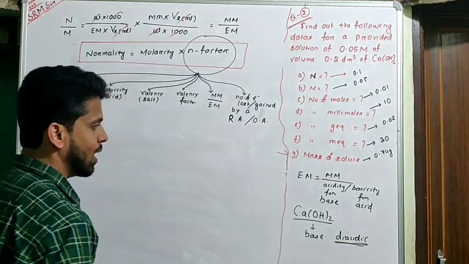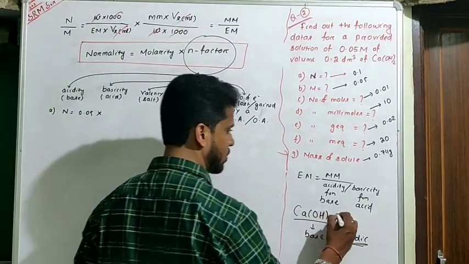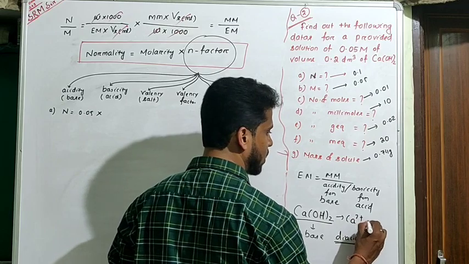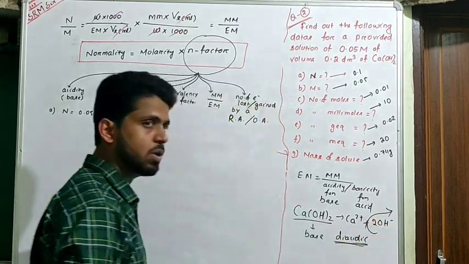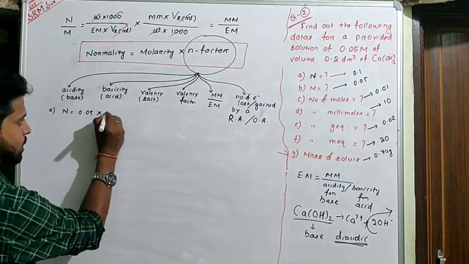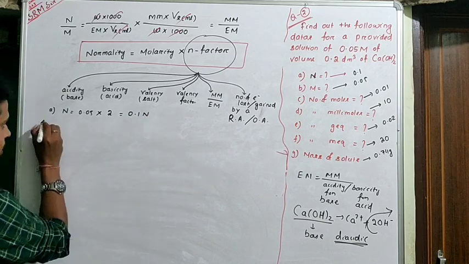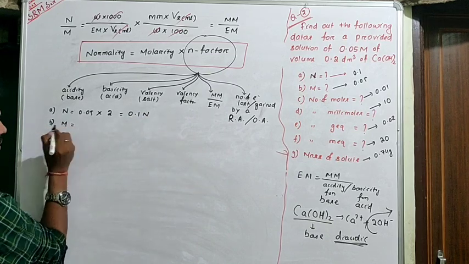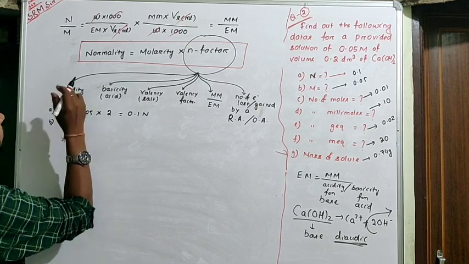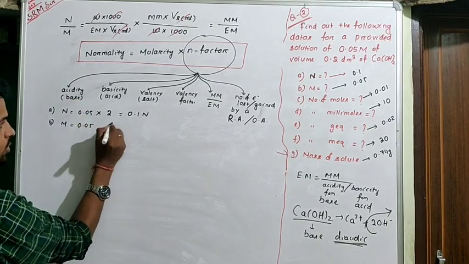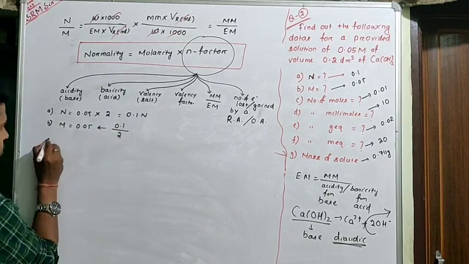How many replaceable OH minus hydroxyl ions? 2, as it is Ca2 plus and 2 OH minus. So the n factor is 2. That means 0.1 normal. B. Molarity: normality is already given, so it can also be 0.1 divided by 2, so 0.05.